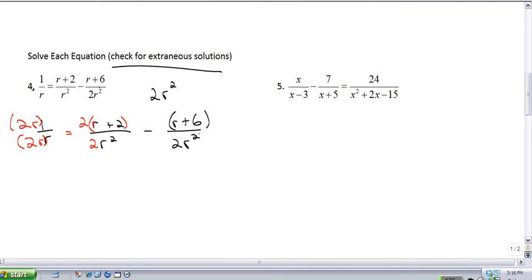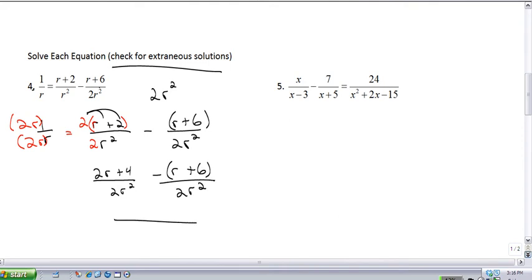Cool. So you combine the fractions on the right hand side. So this multiplies, and that's 2r plus 4 over 2r squared minus r plus 6 over 2r squared. The common denominator is 2r squared. You have subtraction, so make sure you keep those parentheses.